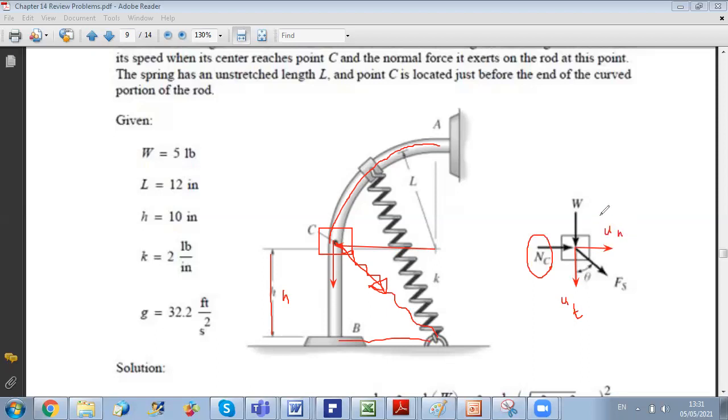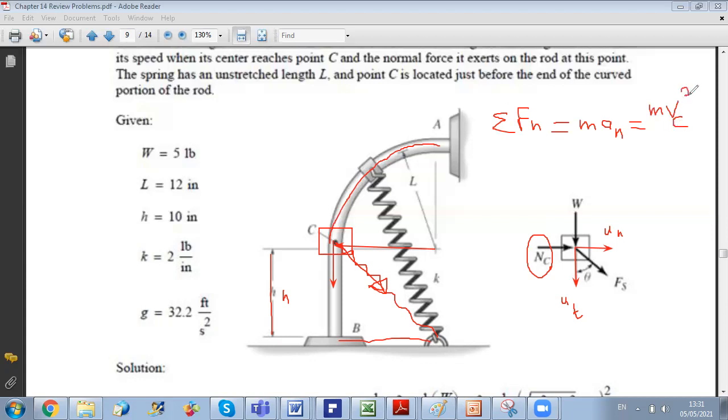Since I want to determine N, I need to project on UN. So if I project on UN, I write that the sum of forces along UN equals m AN. I can replace AN by velocity at C squared over the radius of curvature. So it's m times VC squared.